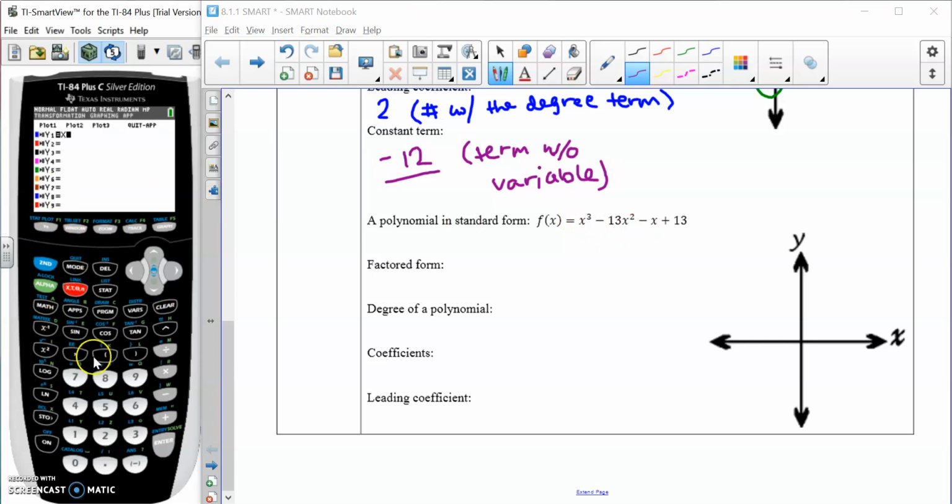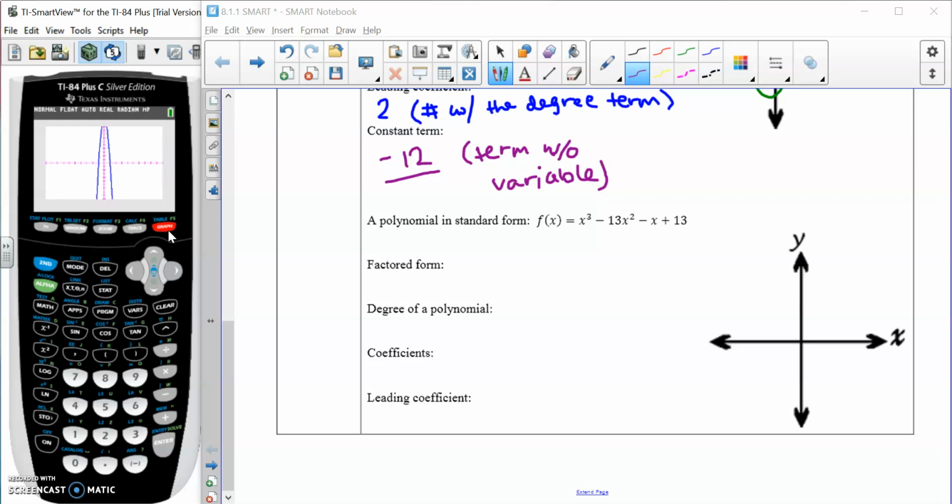So let's just go ahead and type our x cubed minus 13x squared, minus x plus 13. Okay, we got our x cubed minus 13x squared minus x plus 13. Let's see what our graph looks like.